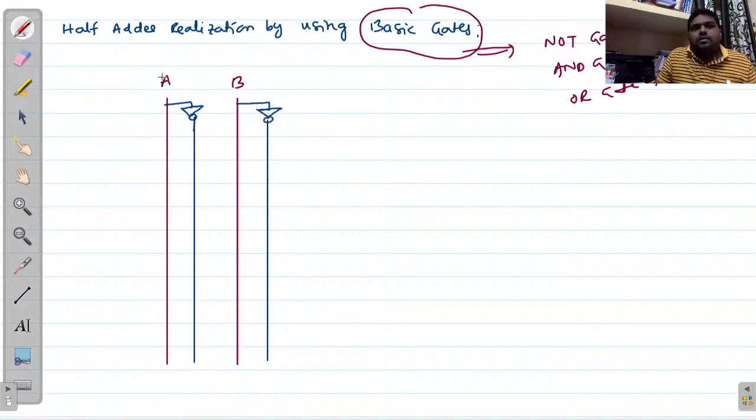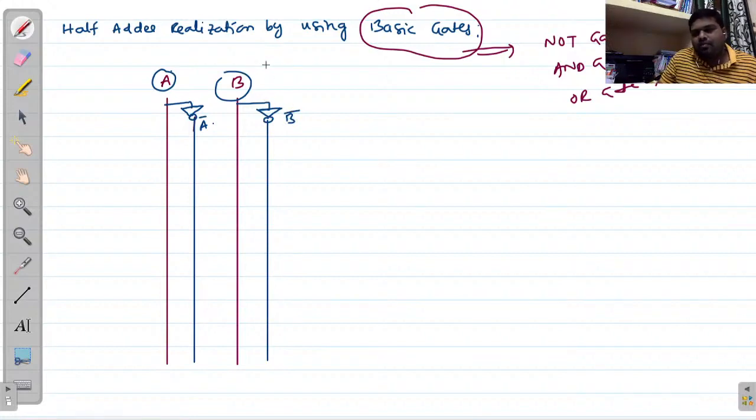Here I am providing A and this is A bar, this is B and this is B bar. This B is connected to an inverter, so the inverter output is B bar. So A and B are normal inputs, and A bar and B bar should be considered as inverted variables.